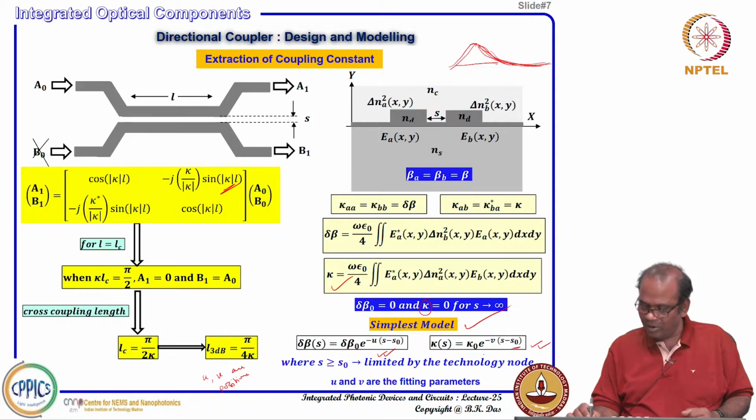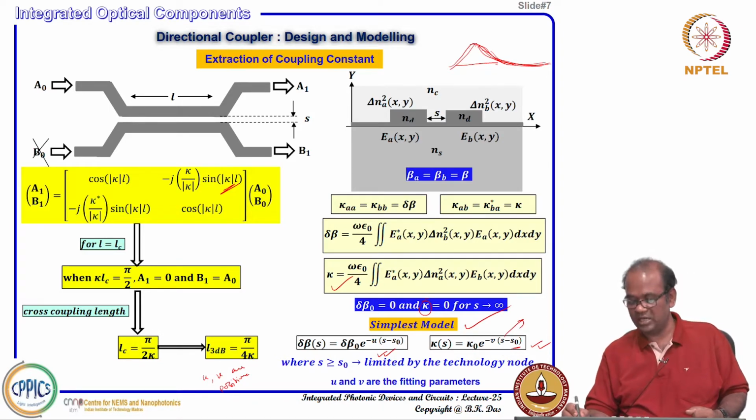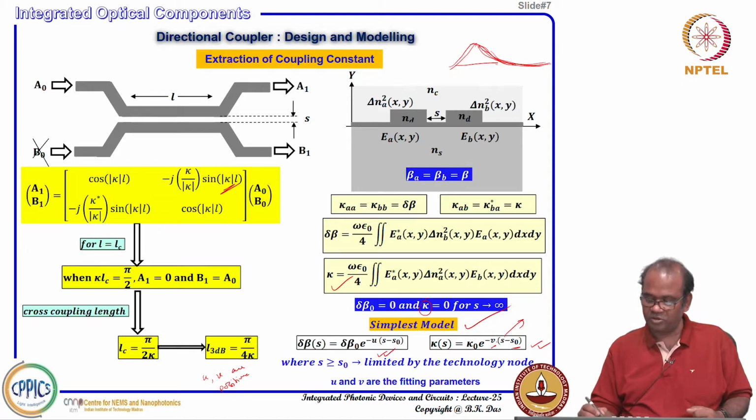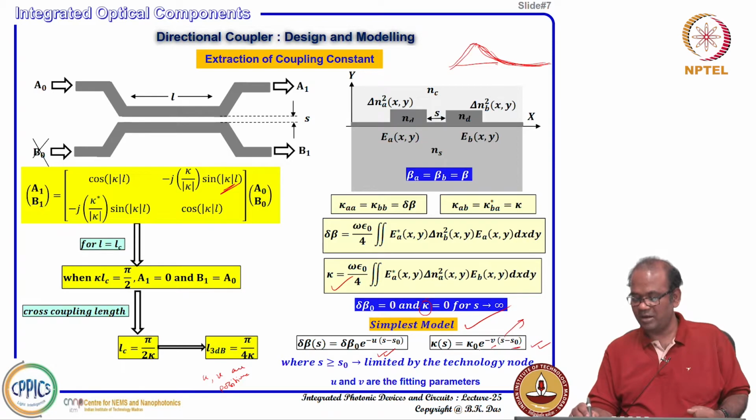So, I can model it like that, as S increases from S naught, that is S minus S naught, this kappa will be decreasing exponentially with some constant v. Delta beta similarly with some constant u, times S minus S naught. So, when S equals S naught, then obviously delta beta will be delta beta naught, kappa will be kappa naught.